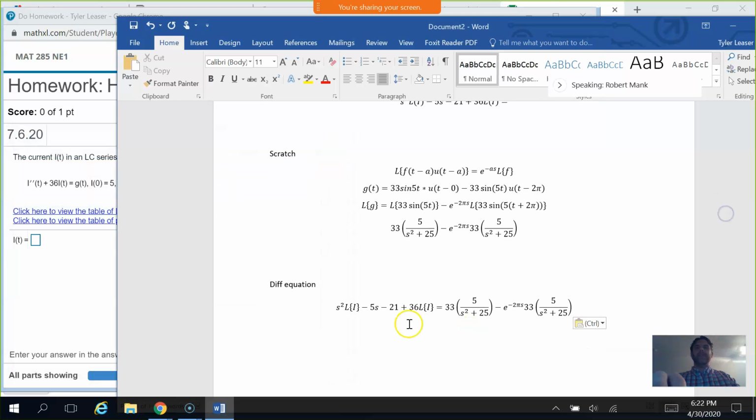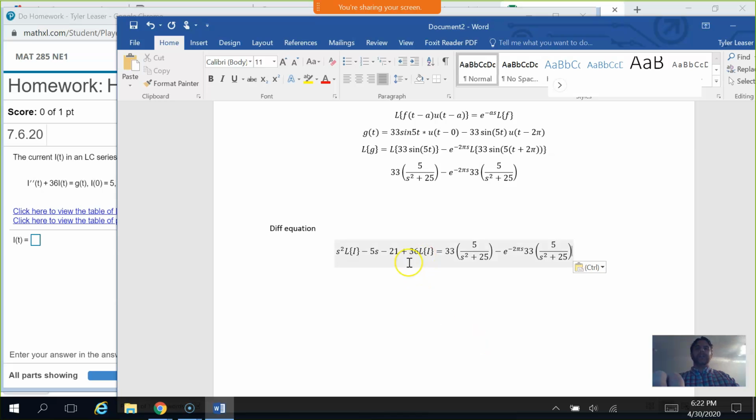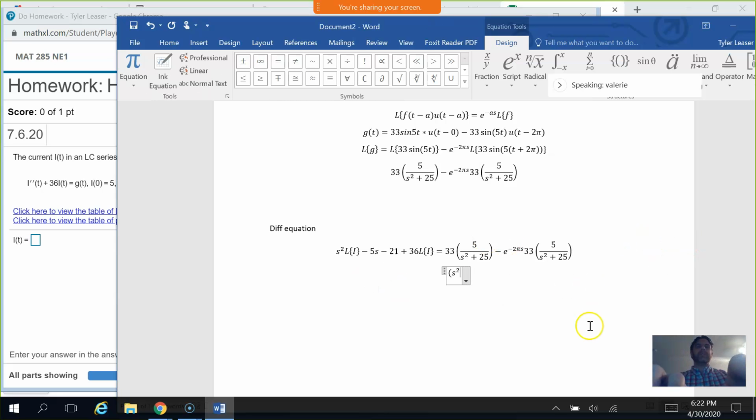Now what we need to do is again solve for the Laplace like we were doing before. So we'll combine the s squared and the 36 as the coefficient and move everything else over. So this will be s squared plus 36 all times the Laplace, and that's equal to, and then a bunch of stuff over here.